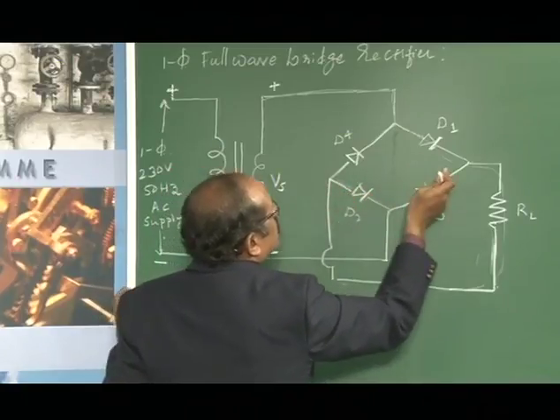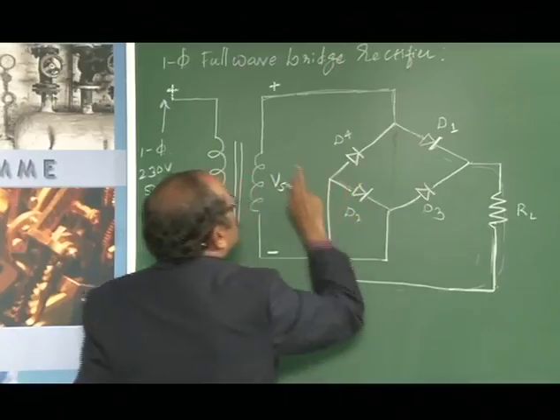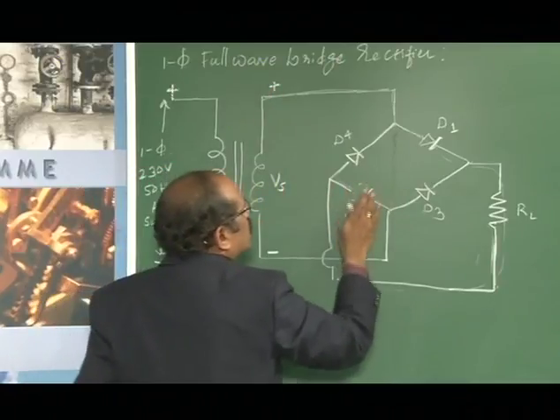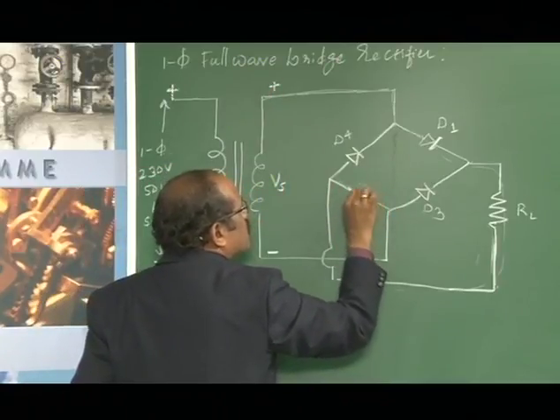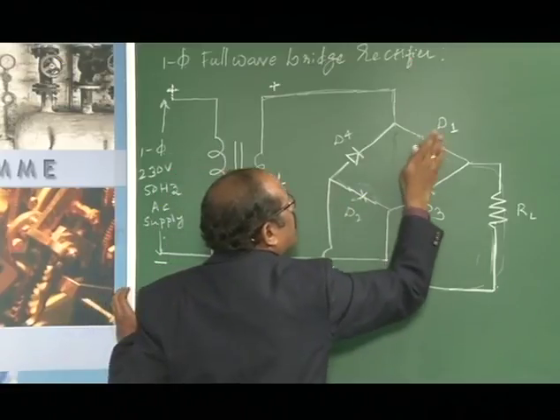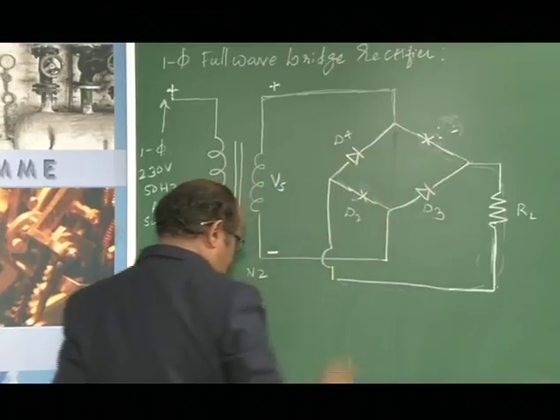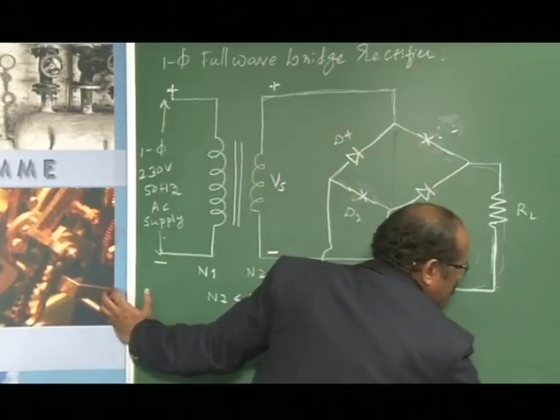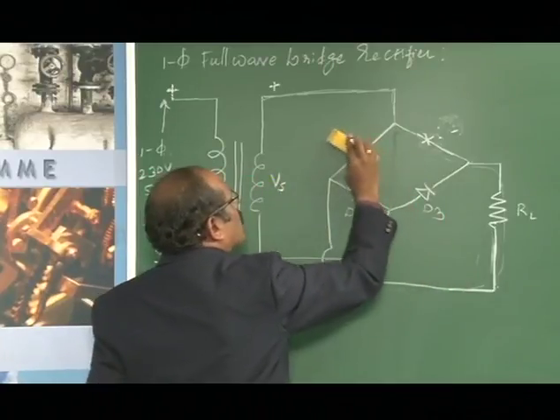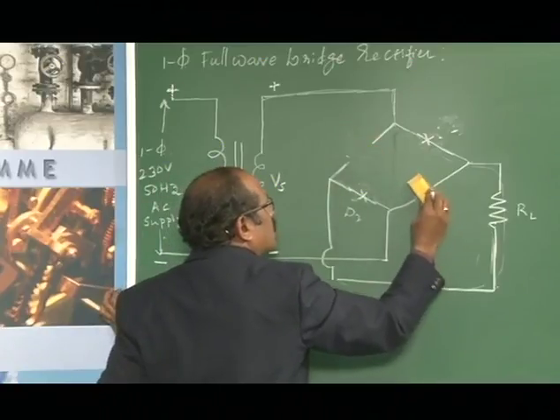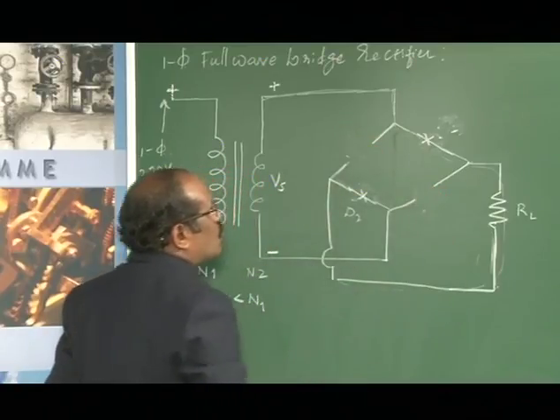Therefore, during the positive cycle, diodes D2 and D1 are said to be forward biased and therefore conduct, whereas diodes D4 and D3 are reverse biased, they act as an open circuit.